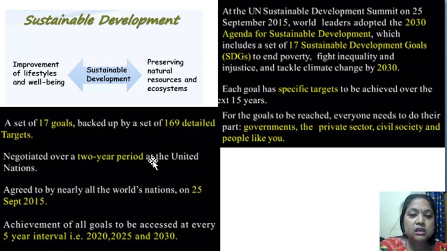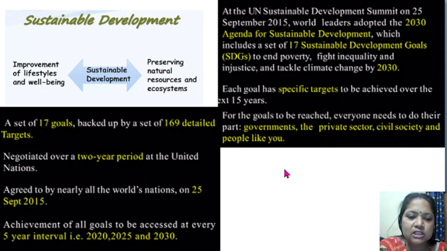So these are important short questions: how many goals are there in the Sustainable Development Goals? 17. How many targets? 169 targets, negotiated over a 2-year period at the United Nations and agreed to by nearly all the world's nations on 25th September 2015.